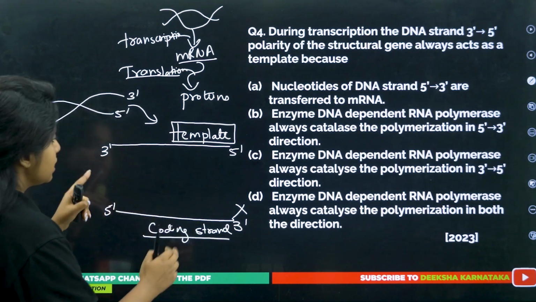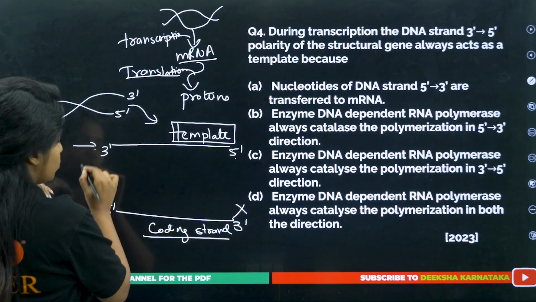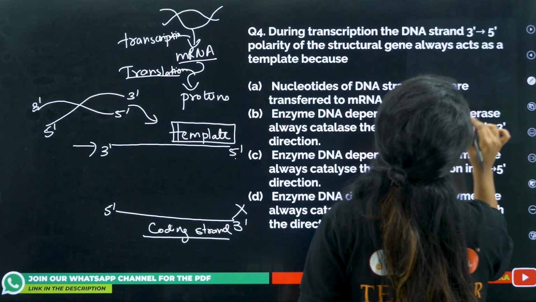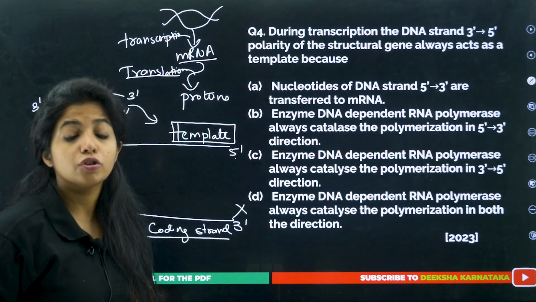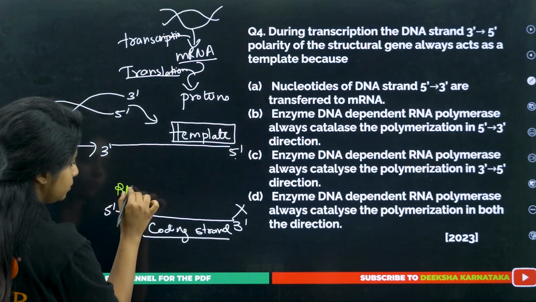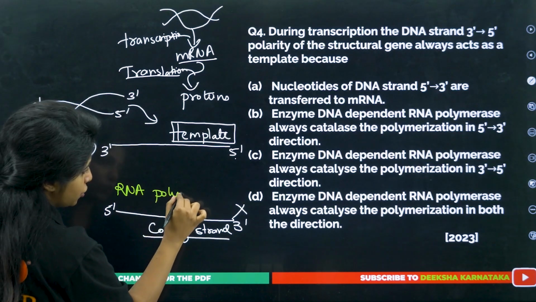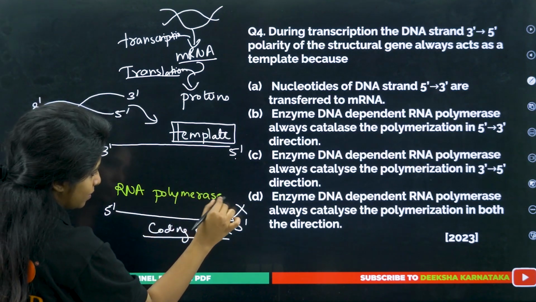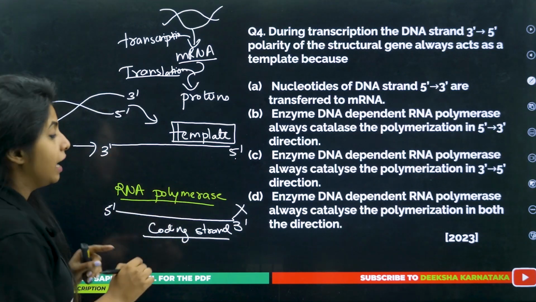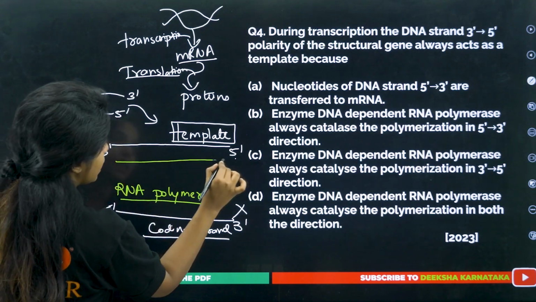Now the question says, why is this one chosen? Why is this not chosen? And the answer to that is, there is a very important enzyme that is responsible for transcription, which is known as RNA polymerase, my dear children. And RNA polymerase basically makes the RNA in 5' to 3' direction.